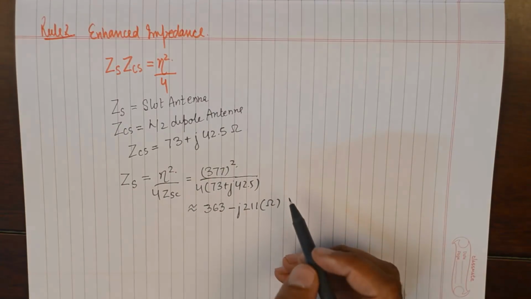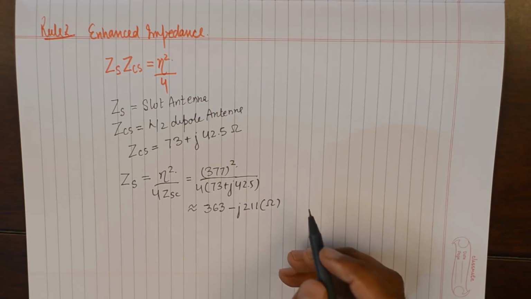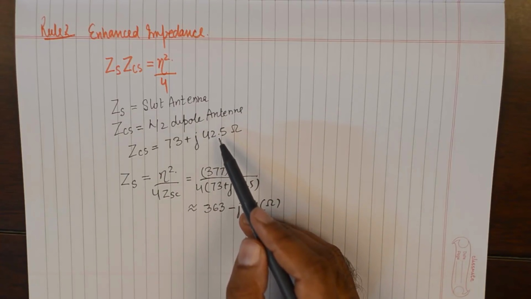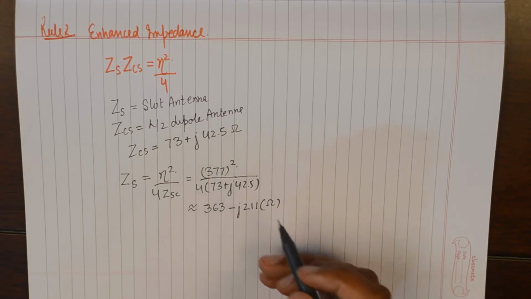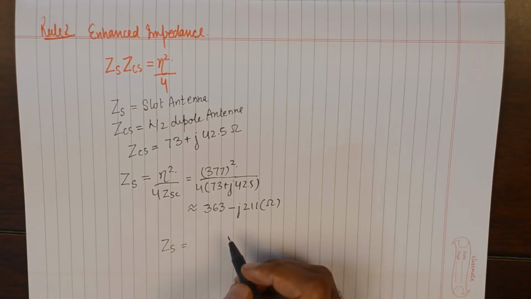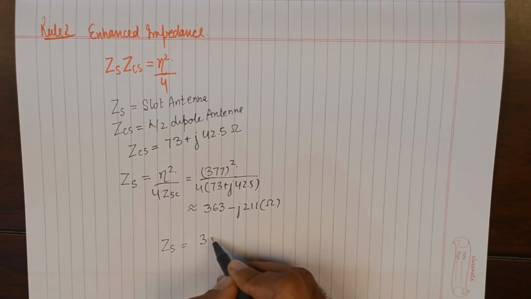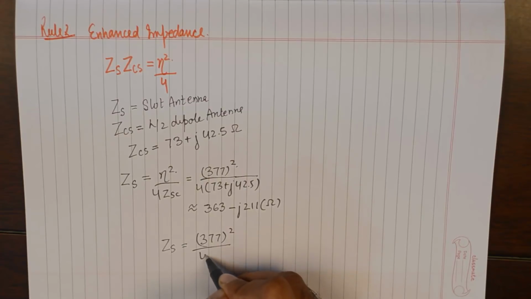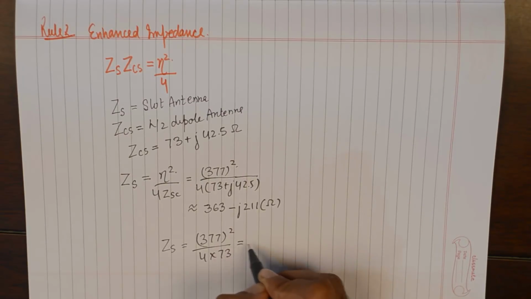Now if we do not take the imaginary part or the reactive component of the dipole antenna, we get the impedance of slot antenna to be even better.